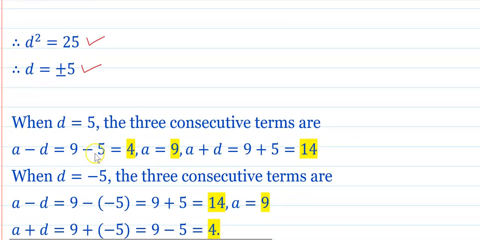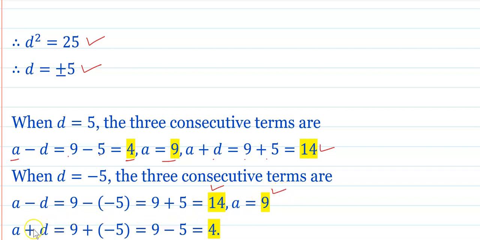When d is equal to 5, then the 3 consecutive numbers are: a किती मिळालं आपल्याला, 9. 9 minus 5, you will get 4. a is 9. a plus d, that is 9 plus 5, it's 14. When d is equal to minus 5, the 3 consecutive terms are a minus d, 9 minus in bracket minus 5, you will get 14. a, 9 किती मिळाला?